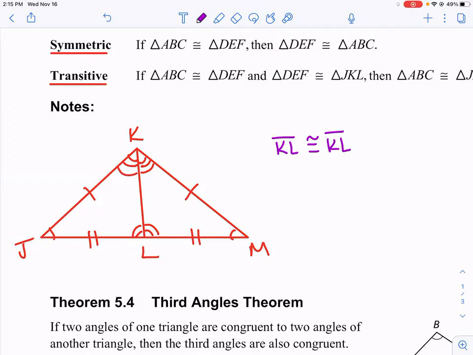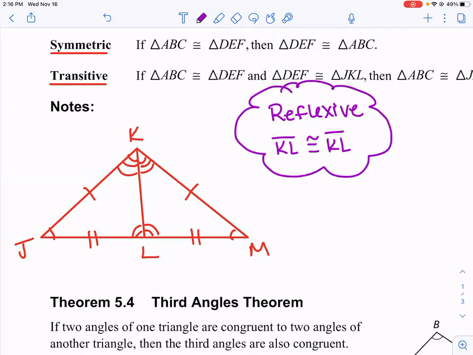Yes. That's called the what property? The reflexive. That was very wise. Okay, so we know that KL is congruent to KL, and we can say that triangle JKL is congruent to triangle MKL.